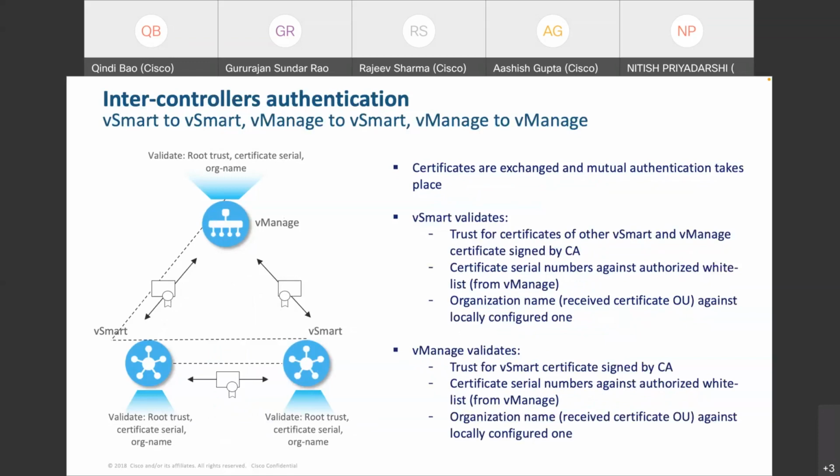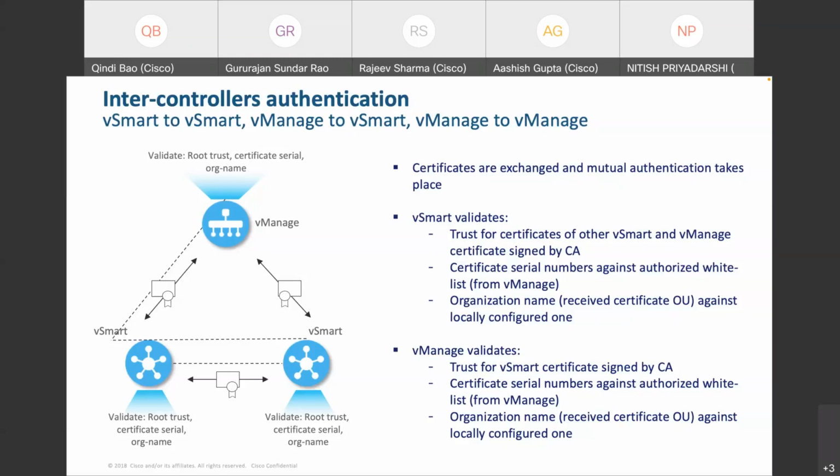For inter-controller authentication, certificates need to be exchanged, and we still need to do a bidirectional authentication. vSmart here validates the trusted certificates of other vSmart and vManage certificates signed by the CA.